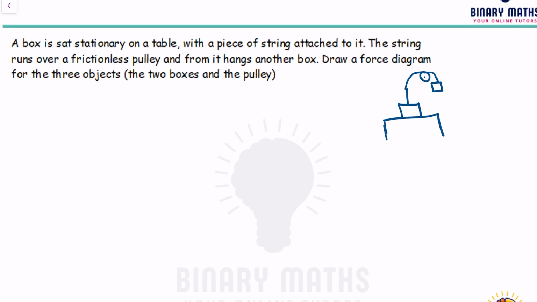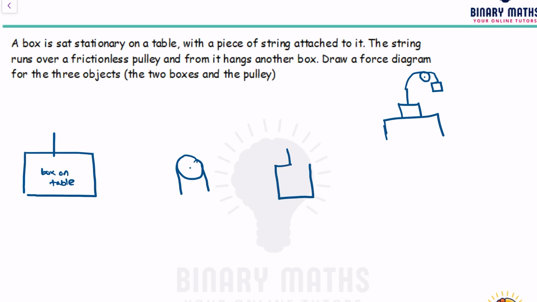So first thing is the box on the table. And then there's the pulley. And then there's the box that's hanging. What does each one feel?